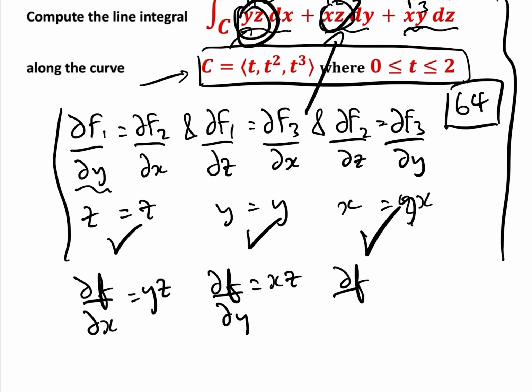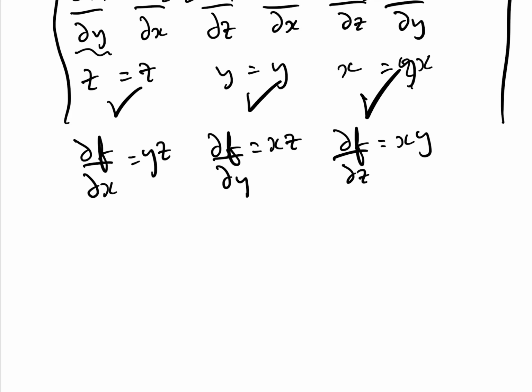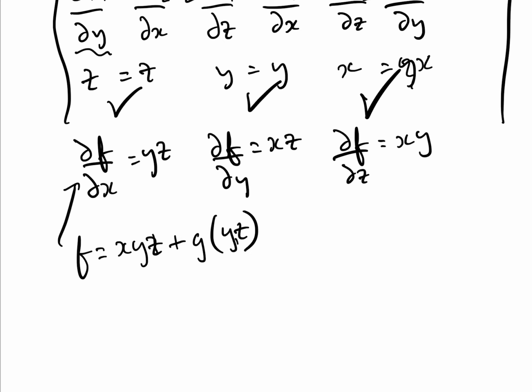And df/dz is equal to xy, which we get from here. Per our previous video, we have to integrate this with respect to x, and that gives us f equals xyz plus some function of y and z.